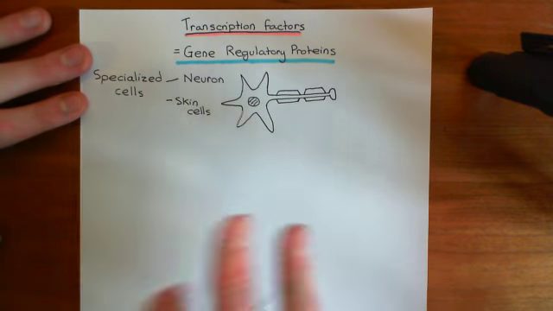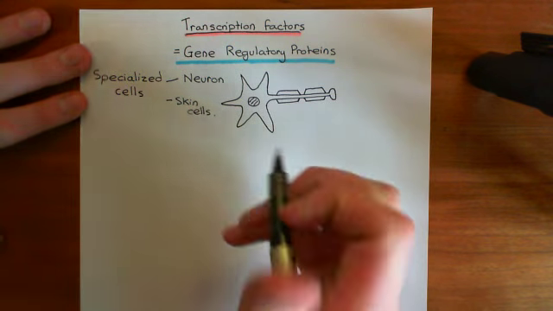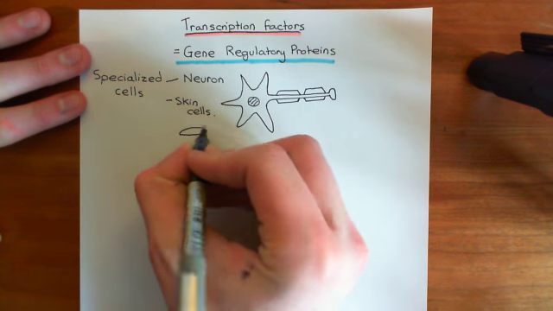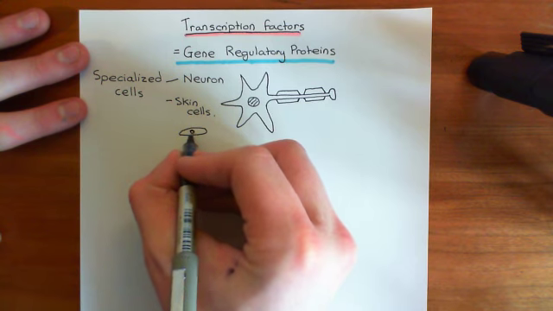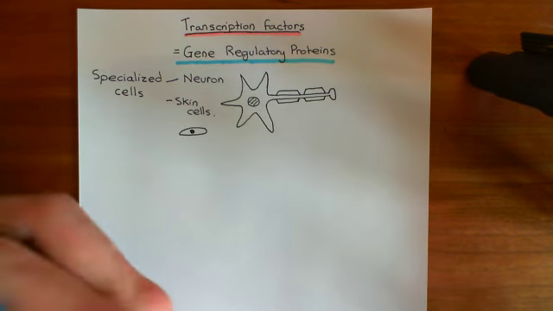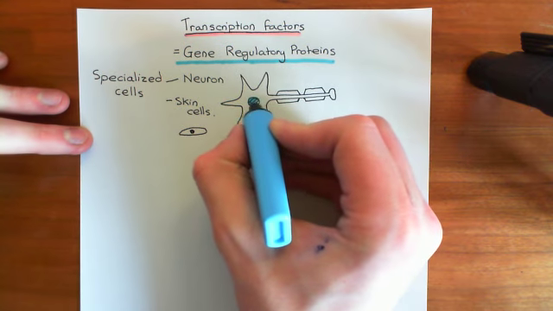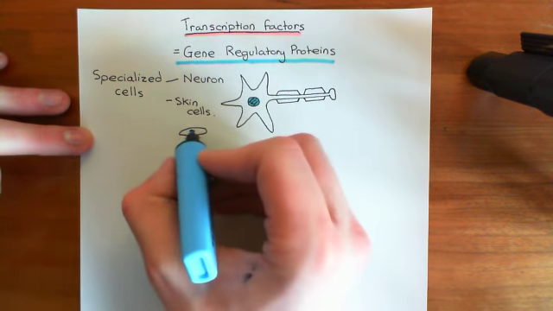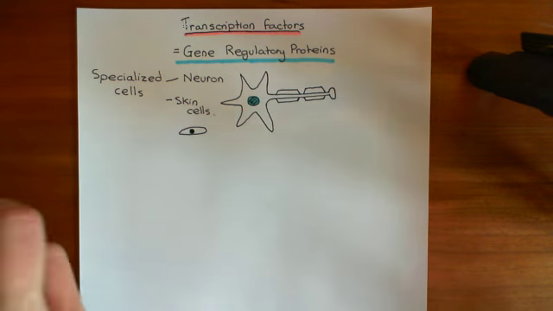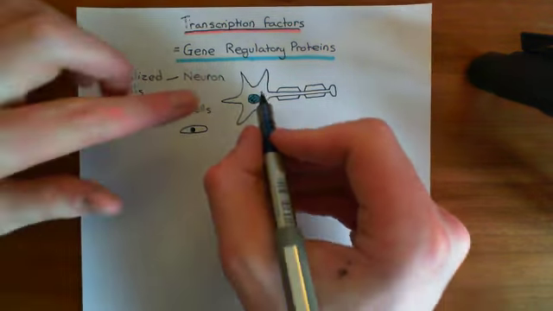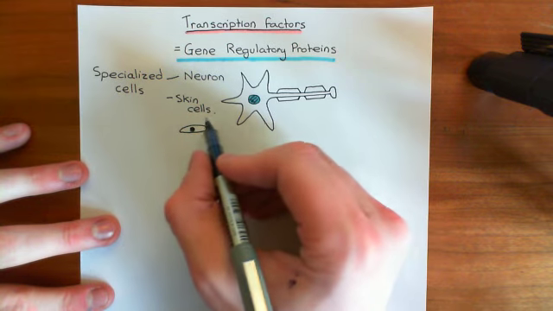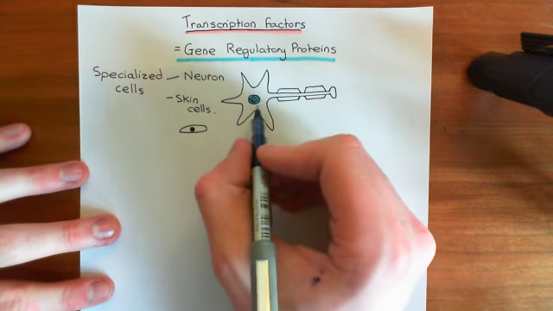Because actually, the DNA within those two cells, so I'll draw a skin cell just to have something to look at, so let's have a skin cell here. The DNA in these two types of cells is exactly the same, or at least we now understand that it's exactly the same. Initially, when they pondered over this question, biologists thought that there must have been some change on the level of the DNA within these cells which has led them to become so different.